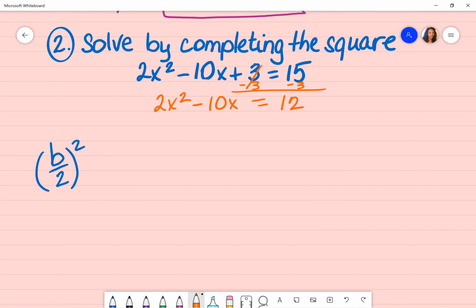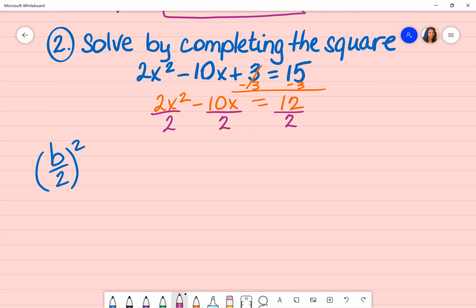I see that I can actually start dividing out each term by 2. Now, if I divide each term by 2, I no longer have to put it out front like I do with my factoring. If I only divided those first 2 by 2, I would have to put it out front. So since I've already divided it, I no longer need that 2.